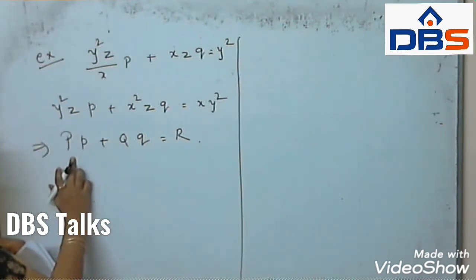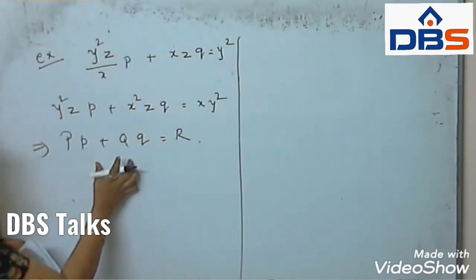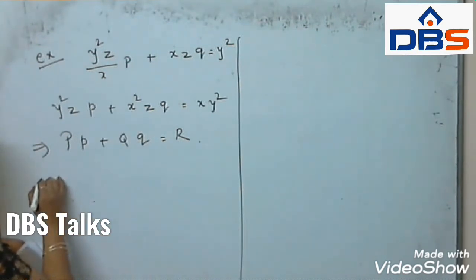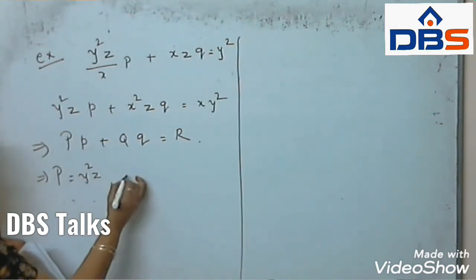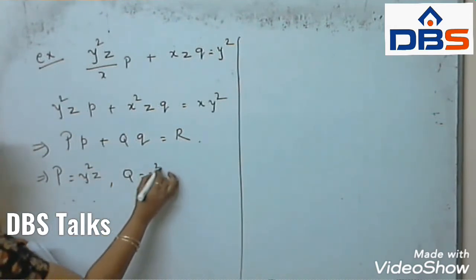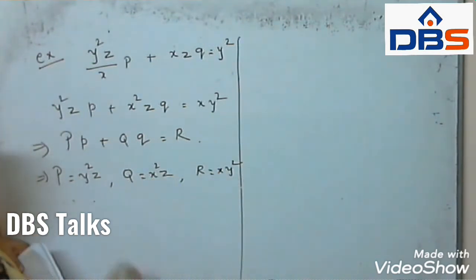What is the standard form? Pp plus Qq equal to R. If you compare these two equations, you will get capital P equal to y square z, Q equal to x square z, R equal to xy square.